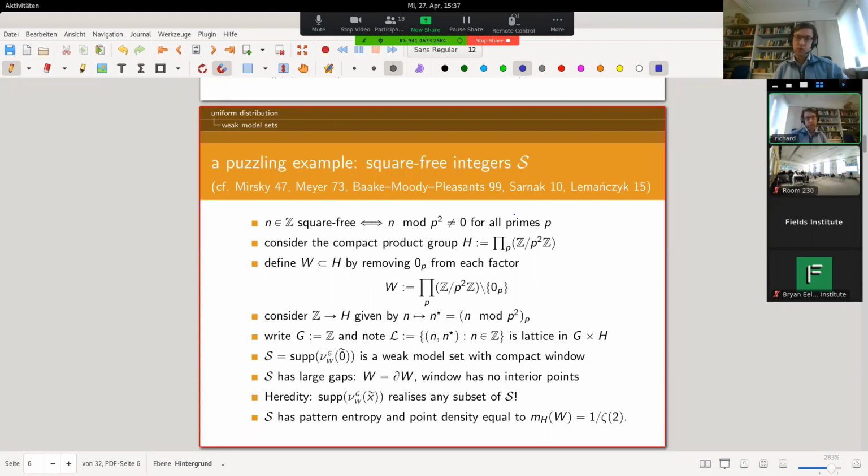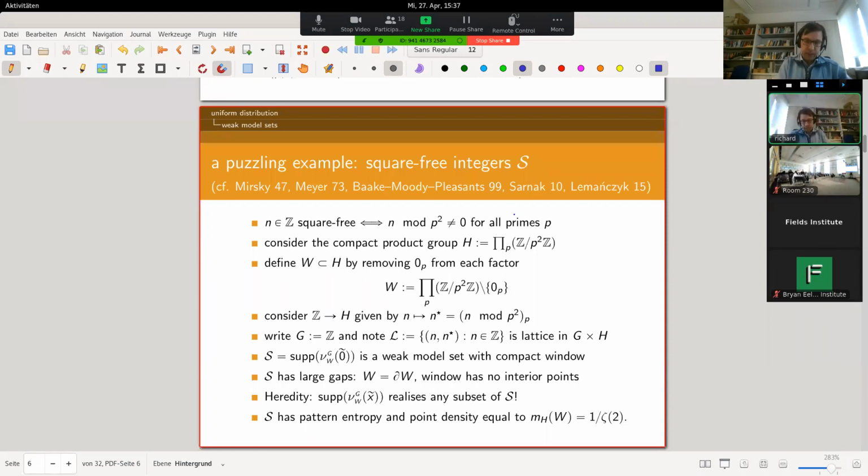In particular, they proved pure point diffraction by direct calculation. And this was also later quite important in Sarnak's program on the Möbius disjointness conjecture, because these square-free integers appear as the square of the Möbius function. And this has actually led to a quite systematic investigation on variants of square-free integers by Baake, Lemańczyk and co-authors, I would say.